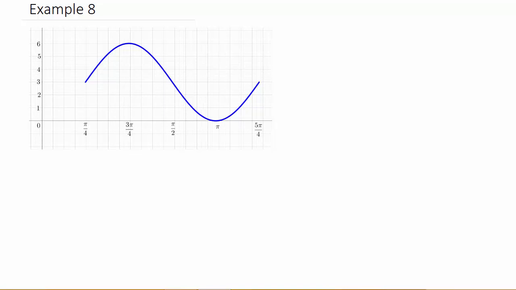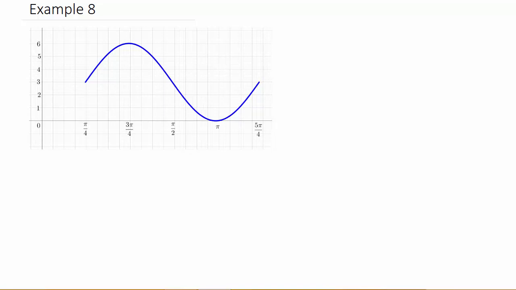Alright, here's example 8, modeling trig functions. I've got 8 examples. Each example has its own video. Examples 1 and 2, just a regular sine, cosine function. Examples 3 and 4, regular sine, cosine function, but they're reflected about the x-axis.